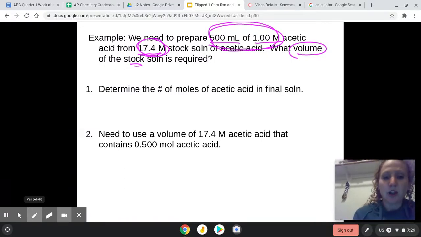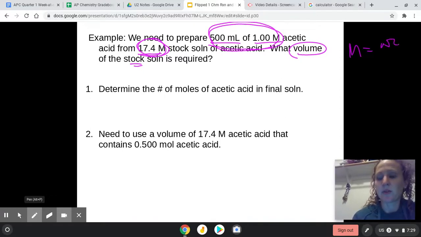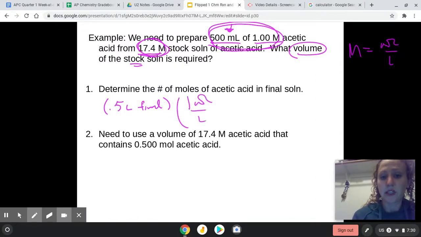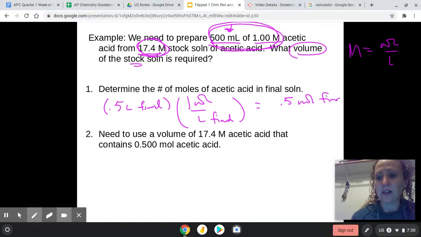So I'm going to go, again, molarity, remember, is moles per liter. So if they give you milliliters like they do here, you have to convert it into liters. So 0.5 liters of my final solution times 1 mole per liter of my final solution gives me 0.5 moles of my final solution.